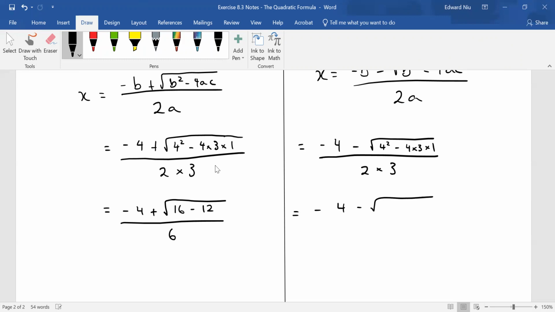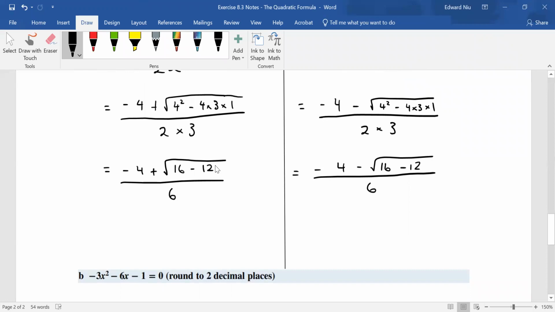So it's helpful to do this alongside one another because you've got so many similar steps and answers. Okay, divided by 6. Now, what we have is, what's this? Negative 4 plus, well, 16 take away 12 is square root, well, it's going to be 4.